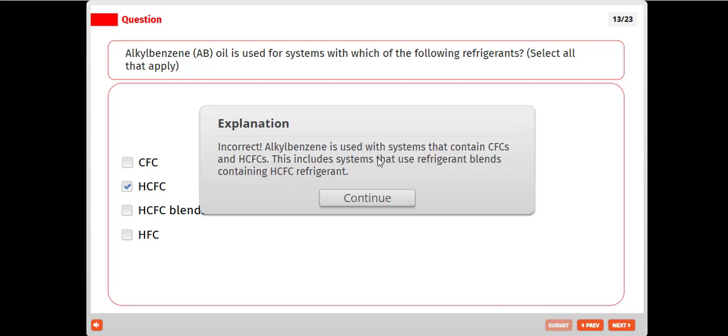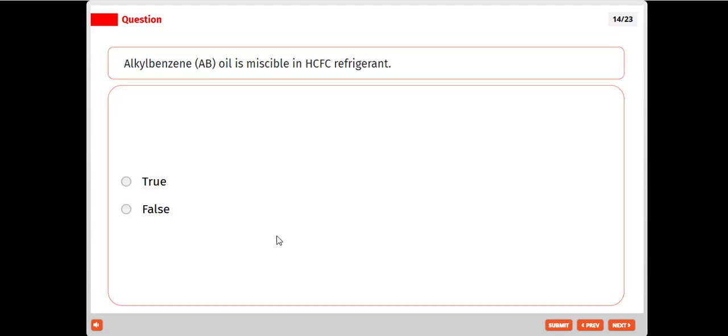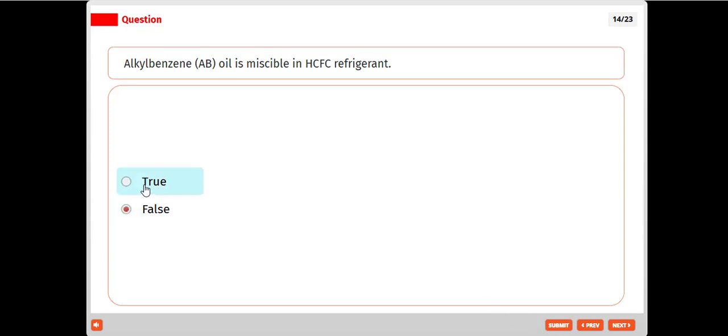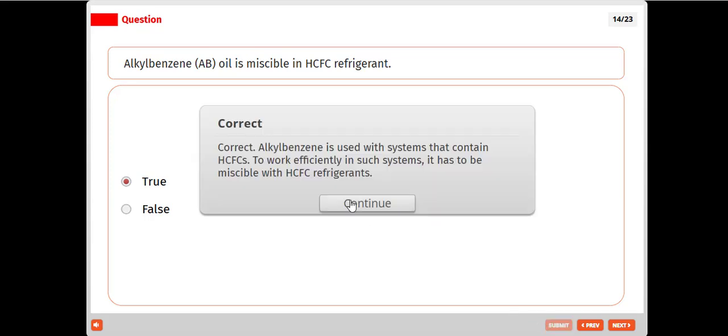Alkyl benzene is used with systems that contain CFC and HCFC, so both. Alkyl benzene AB oil is miscible in HCFC refrigerant. True, it's miscible.